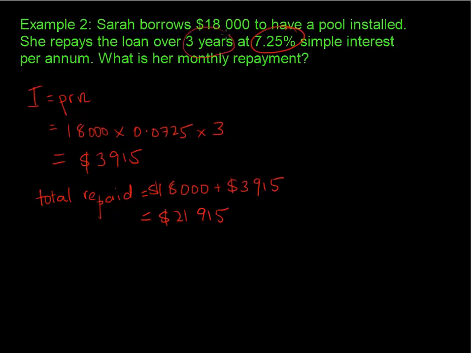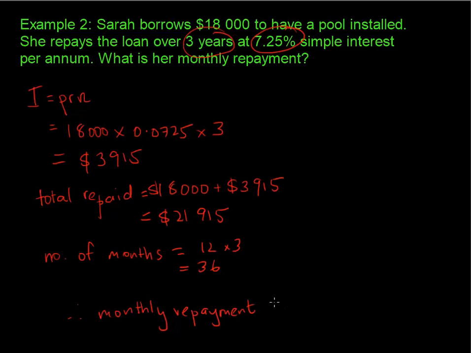It's 3 years, and there's 12 months in a year, so it's 12 times 3, which gives us 36. Therefore, for our monthly repayment, we need to divide the total repaid by 36. So it's 21,915 divided by 36, giving us a monthly repayment of $608.75.